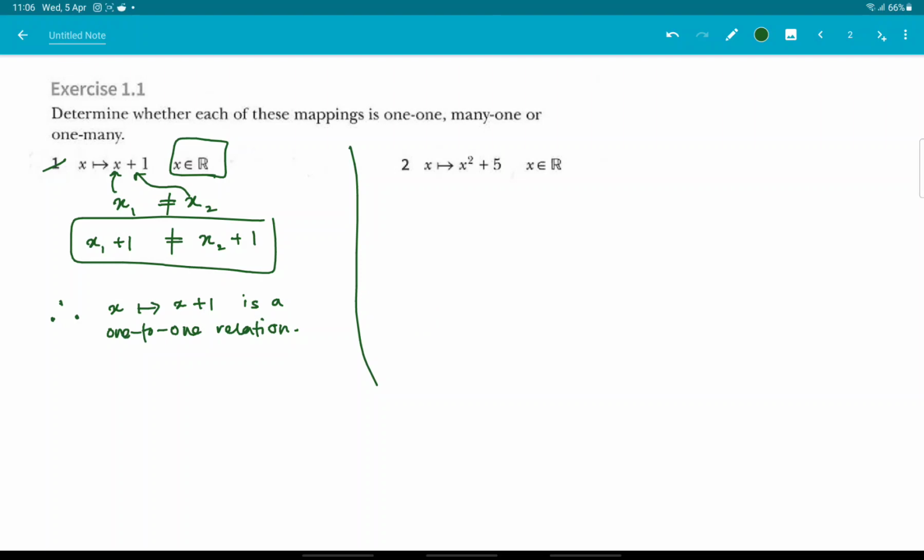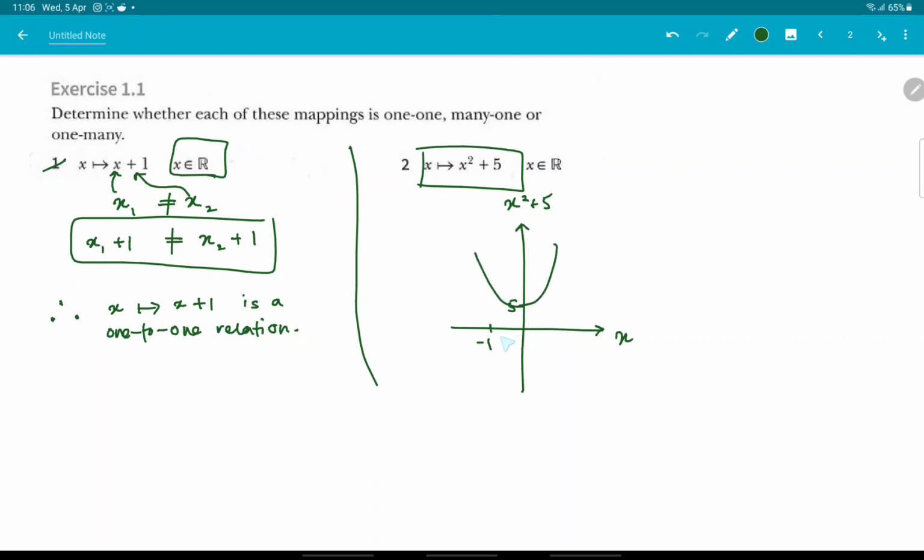To check whether it is one-to-one or not, let's just draw a graph. The graph of this relation must be like this, with the 5 here.